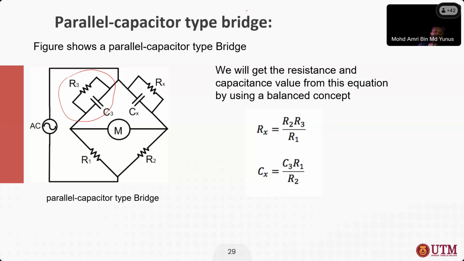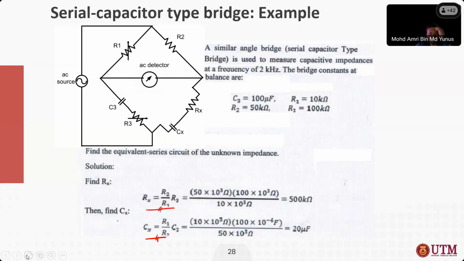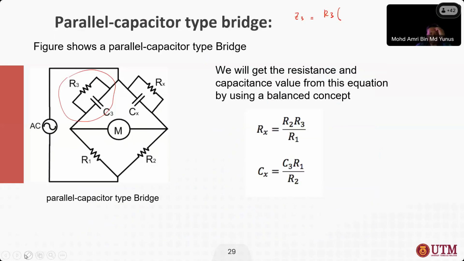So for example, Z3 will be equivalent to R3 multiplied with negative j over omega C3, divided by R3 minus j over omega C3.